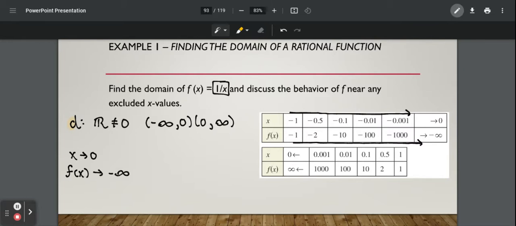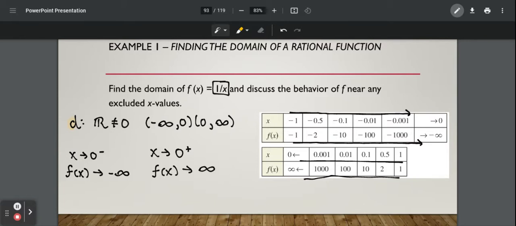The notation we use, x approaches 0 with a little negative sign after it, means from the negative direction or from the left. And then as we're approaching 0 from the right, our y values are getting infinitely large. So as x approaches 0 from the right, f of x is approaching positive infinity.